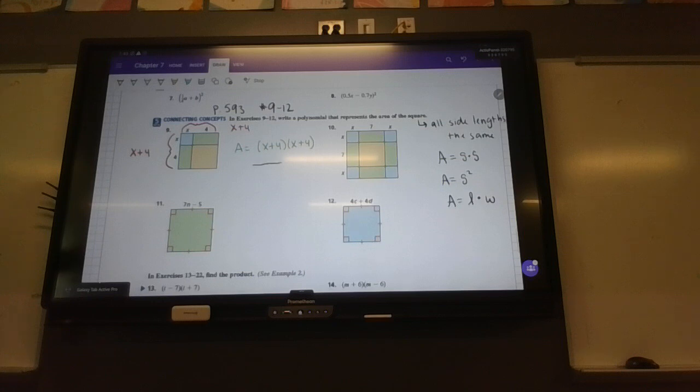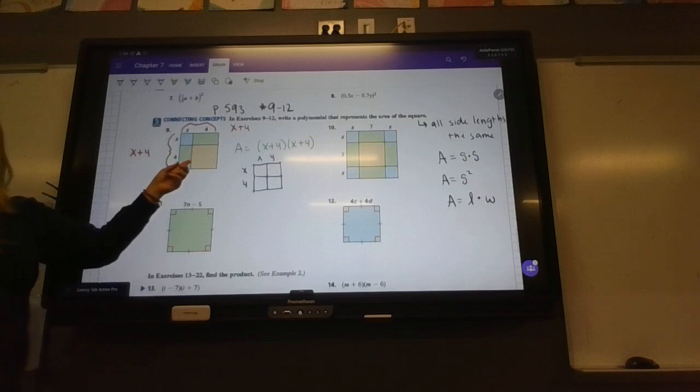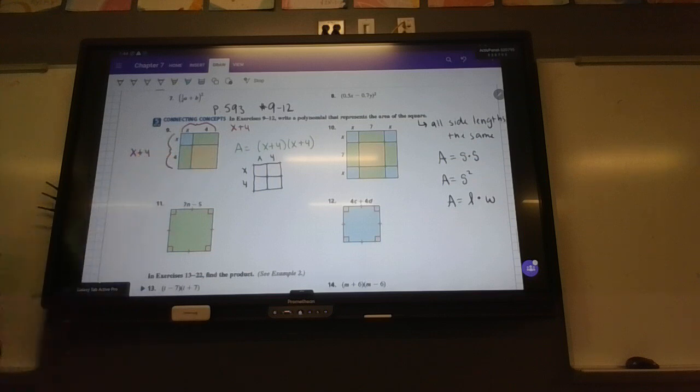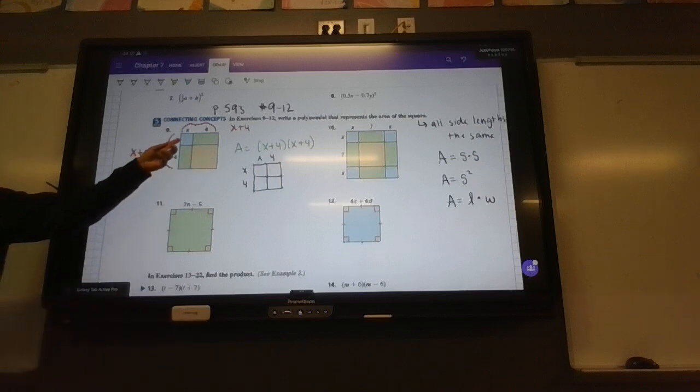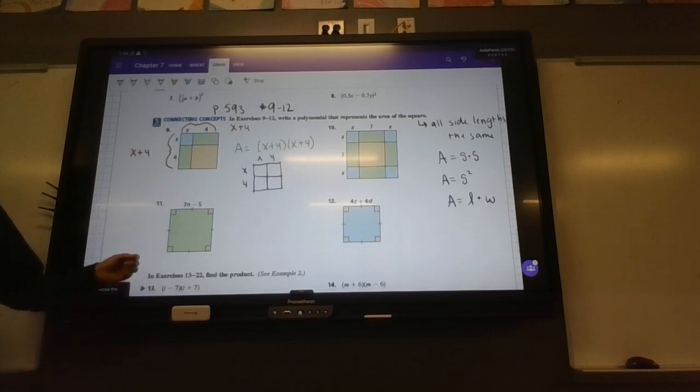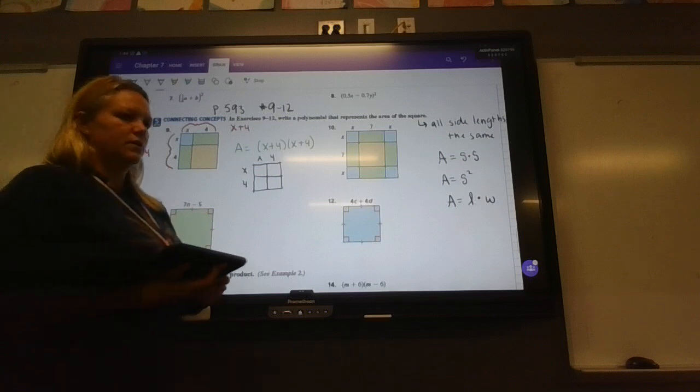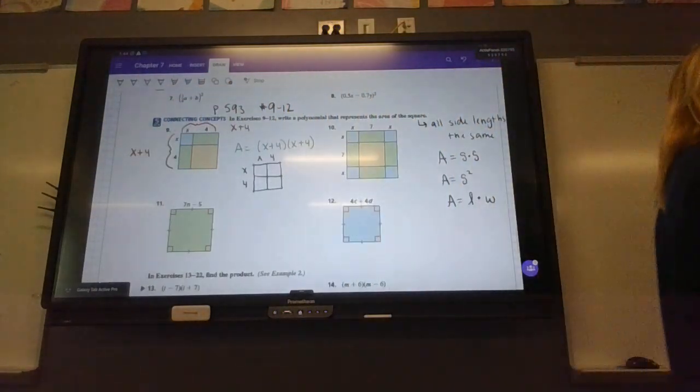If you want to use the box method, you can. It's already set up for you. Go ahead, multiply, fill in, simplify, and find an expression for the area. It says to write a polynomial that represents the area.